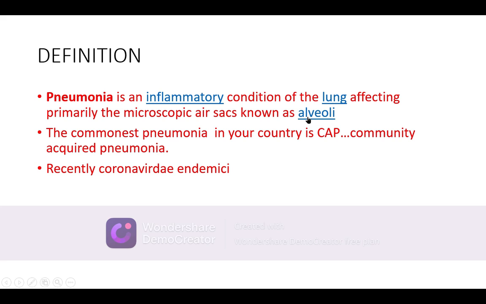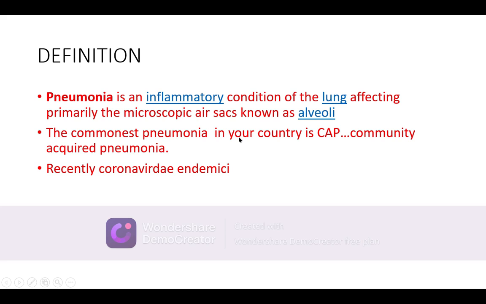The alveolar ducts are all involved. If there is a limited space of the lung, it is called lobar pneumonia. If both lungs are involved, then it is called bronchopneumonia.